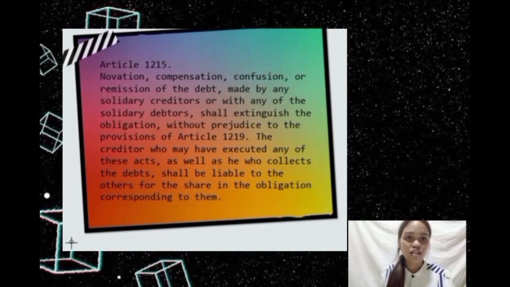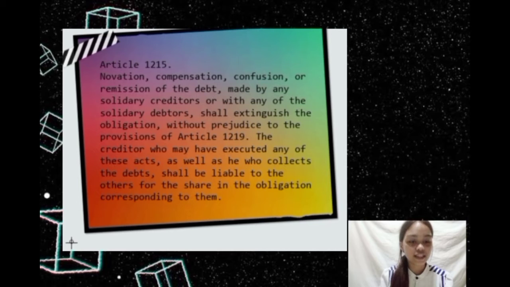The last one would probably be remission. Remission is the act of liberality whereby the creditor condones the obligation of the debtor.